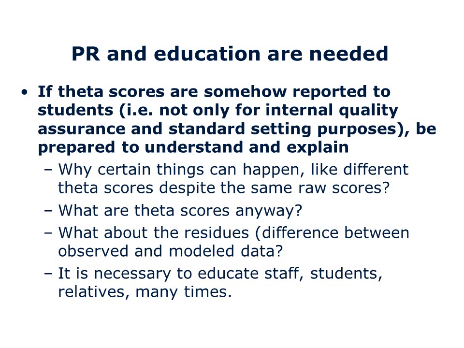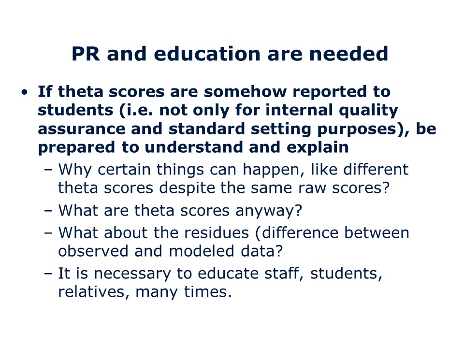But anyway, there are disadvantages. There are some pitfalls that have to be avoided. If theta scores are somehow reported to students, not only for internal quality assurance purposes or standard setting calculation of cut scores, you have to be prepared to understand and explain a few points.